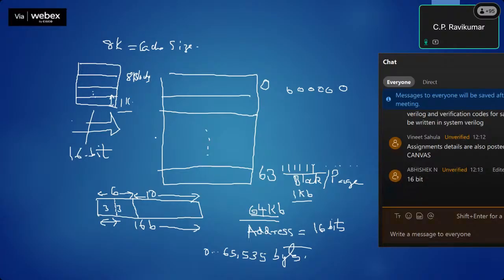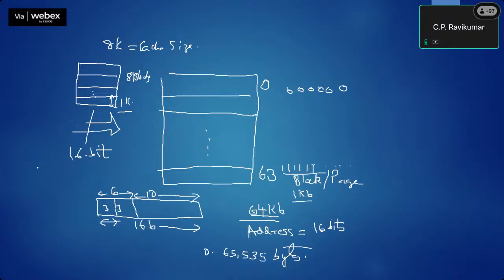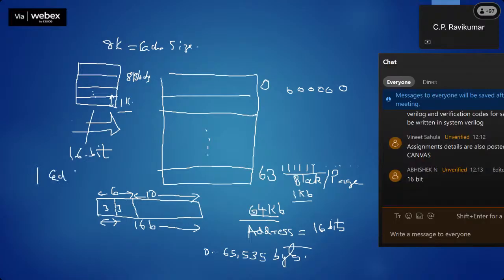So what we are saying is, when we map the cache block to the memory block, right? So one cache block can map to about 8 memory blocks.